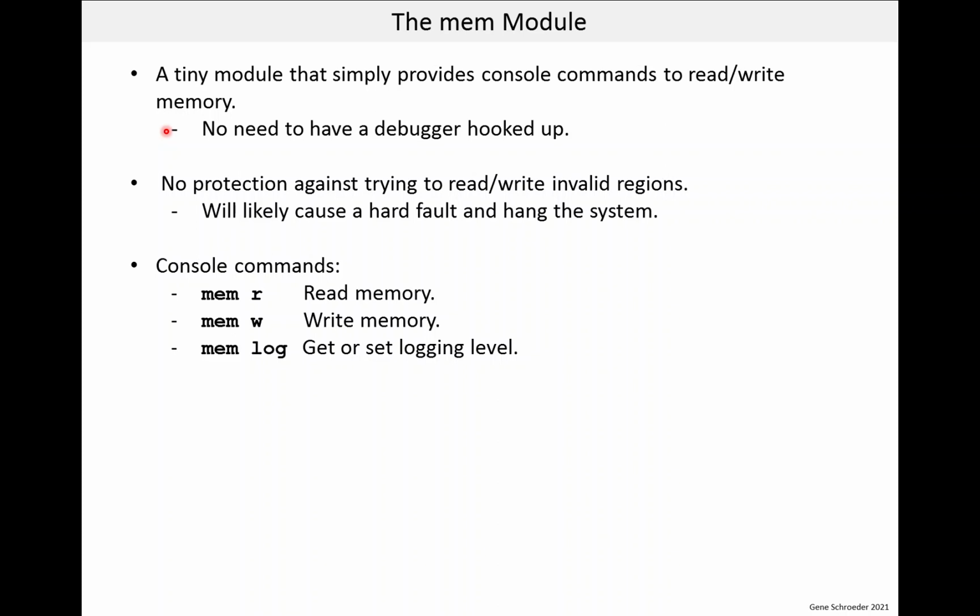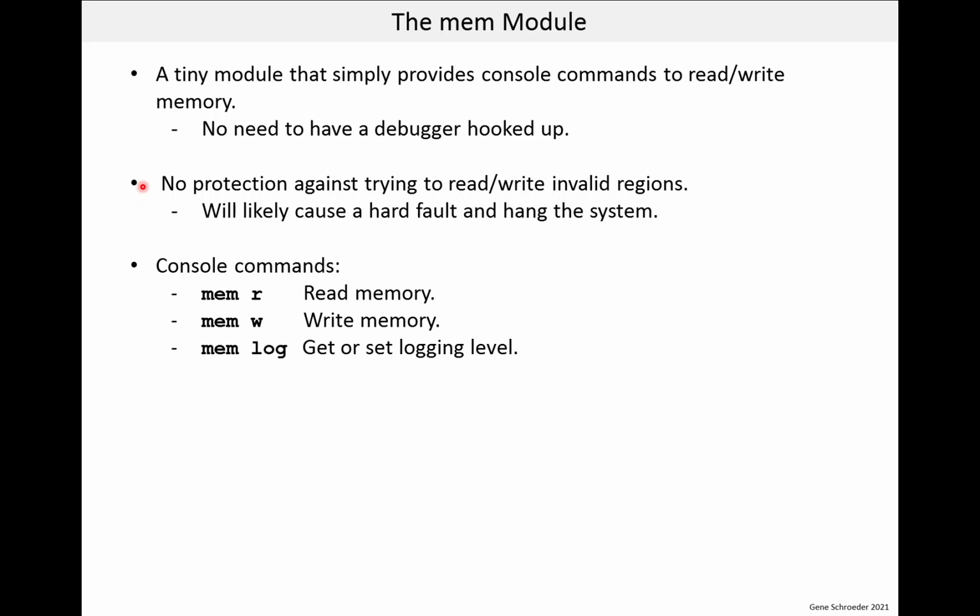There is not much to see as far as the API and implementation. It would be good for you to check out that code, but in this lesson, I'll just do this introduction and then do some examples on the console. One thing about these commands, they really provide no protection against trying to read or write invalid regions of the address space.